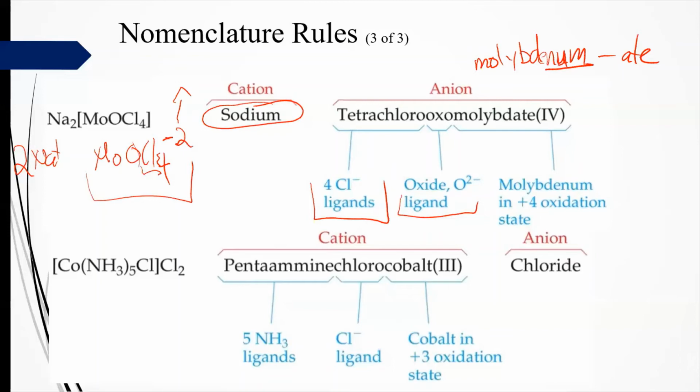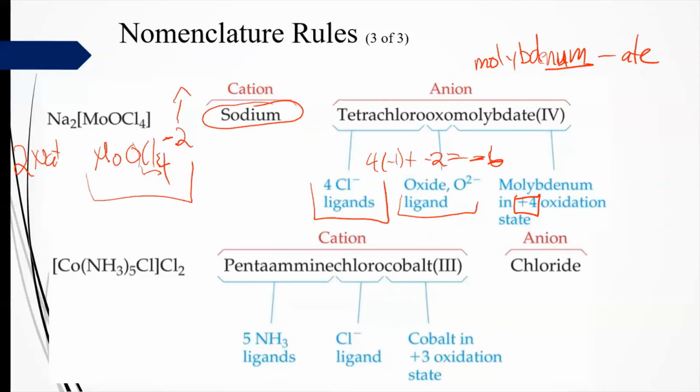So we change the ending to -ate, and then we want to figure out its charge. So if this is a -2, then we have 4 -1s plus a -2 from the oxide. So we had -6 total. We ended up with a -2, so our molybdenum had to be in a +4 state. And so that's how we get that name there.